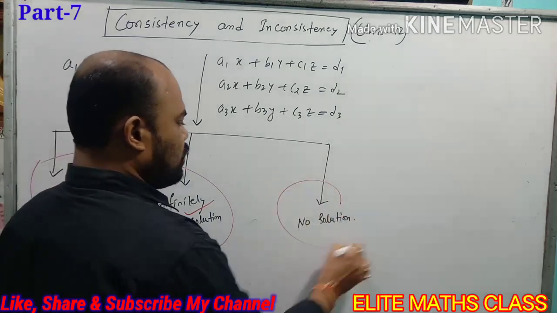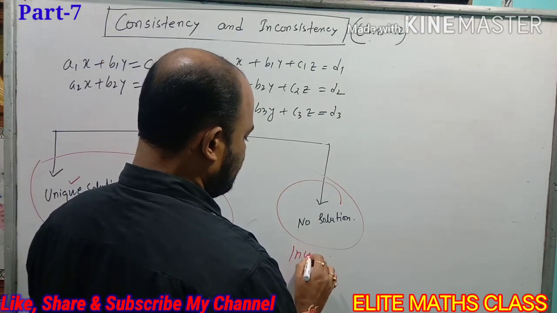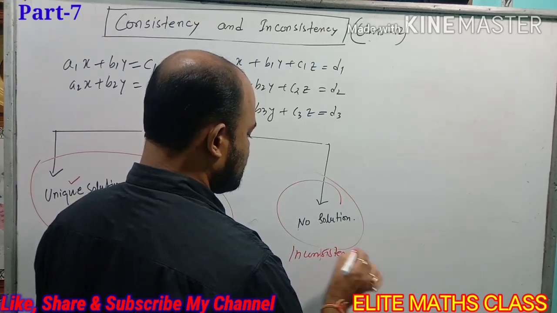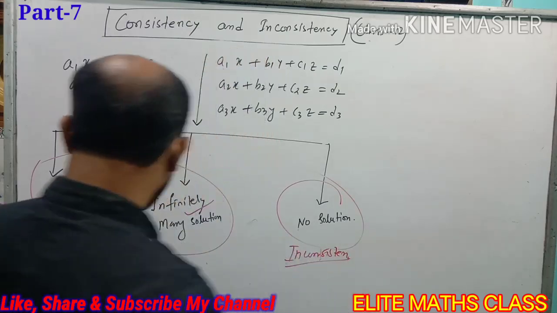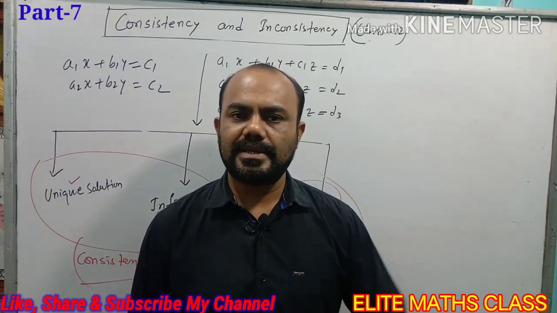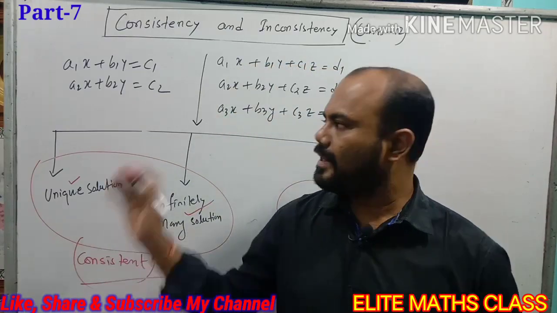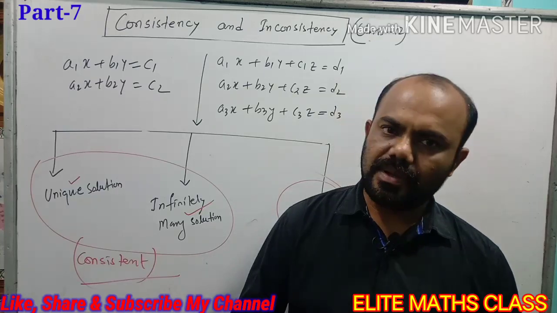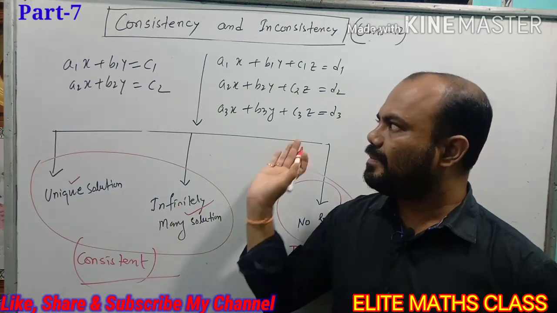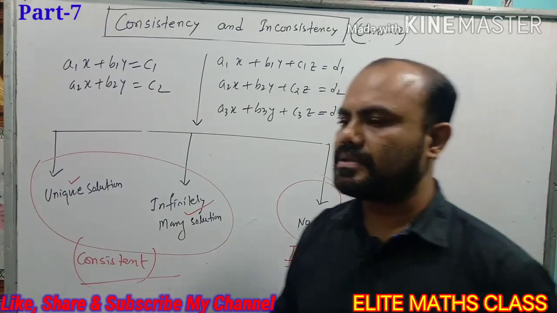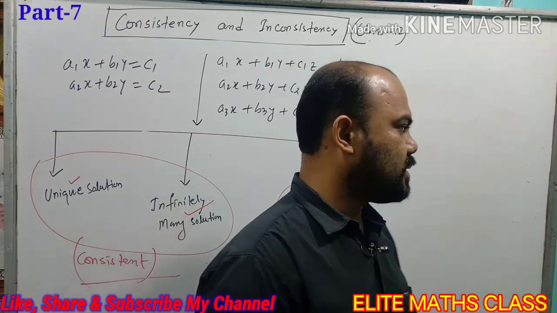But if the system has no solution, then it is called an inconsistent system of linear equations. So this is the definition. That is, if a system of linear equations has a solution, then the system is called consistent. The number of solutions may be unique, may be infinite. But if the system has no solution, then the system is called inconsistent. Inconsistent means the system has no solution.